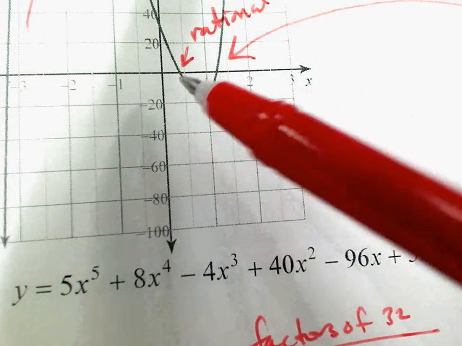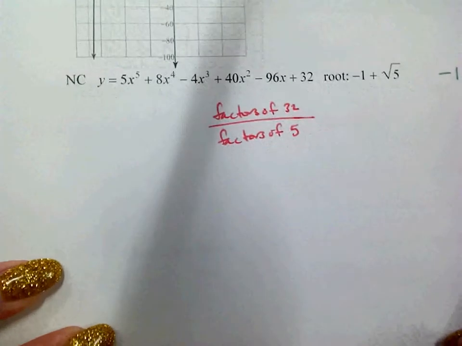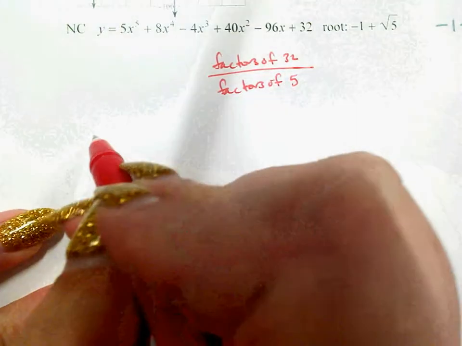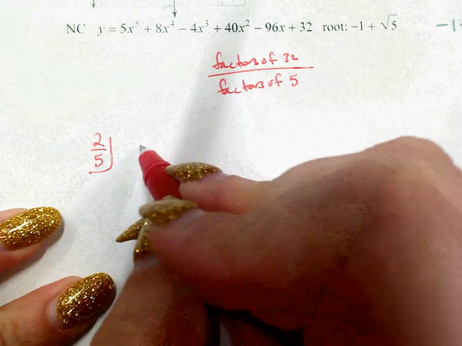Now you could go ahead and do your irrational root if you wanted to. Okay, would you please focus? All right, here we go. We're going to do 2/5. And what goes across the top? 5, 8, -4, 40, -96, 32.